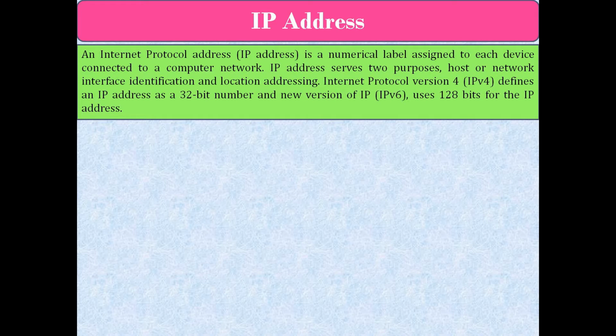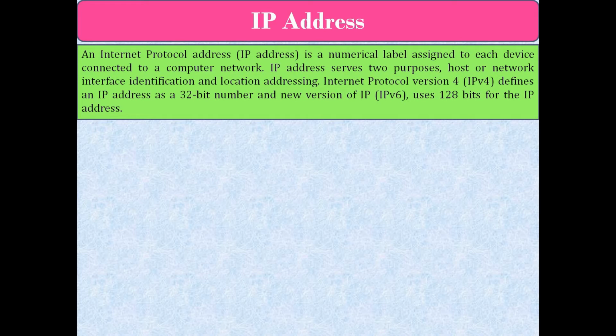So let's see a small description. An internet protocol address, meaning IP address, is a numerical label assigned to each device connected to a computer network. An IP address serves two purposes: host or network interface identification, and location addressing.